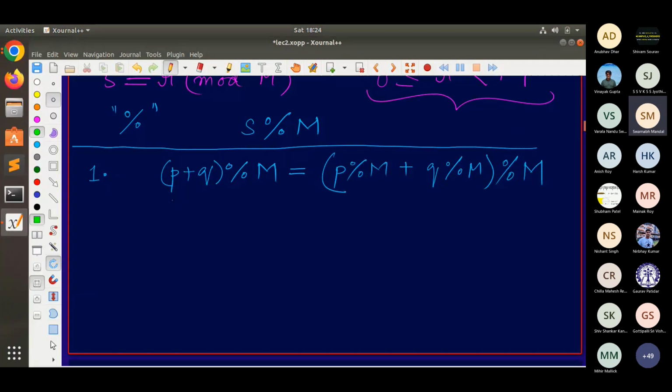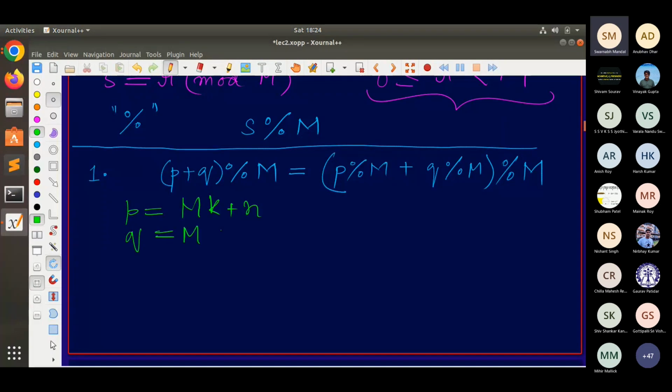We can take P as m k plus n, and then Q as similarly m into k2 plus n2. Now we can substitute in both sides, then it will give equality.